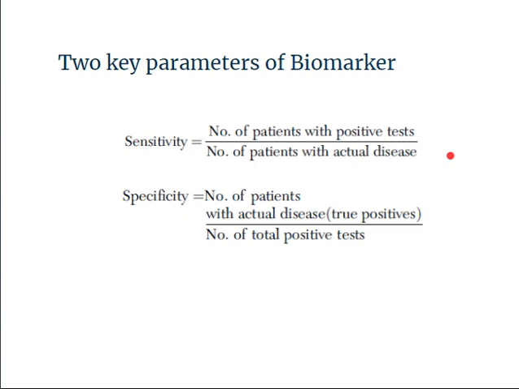The persons who do not have the disease but still have the marker are the false positives for this disease, whereas the patients who are positive for the marker as well as positive for the disease are the true positives. So these are the two parameters which have to be balanced, or you can say optimized, for a specific marker: the sensitivity and specificity.